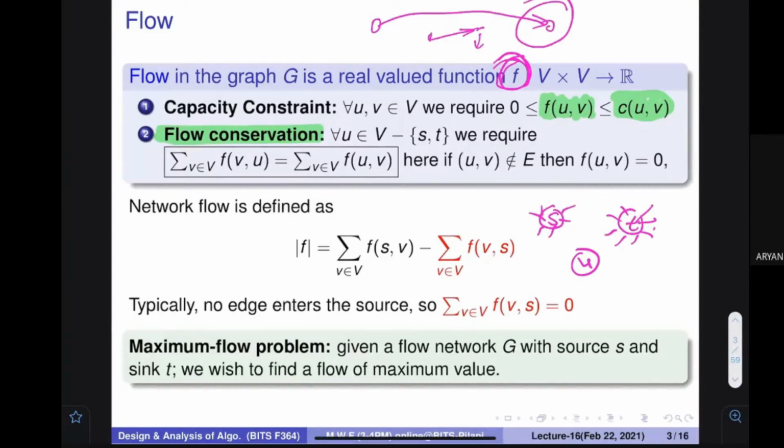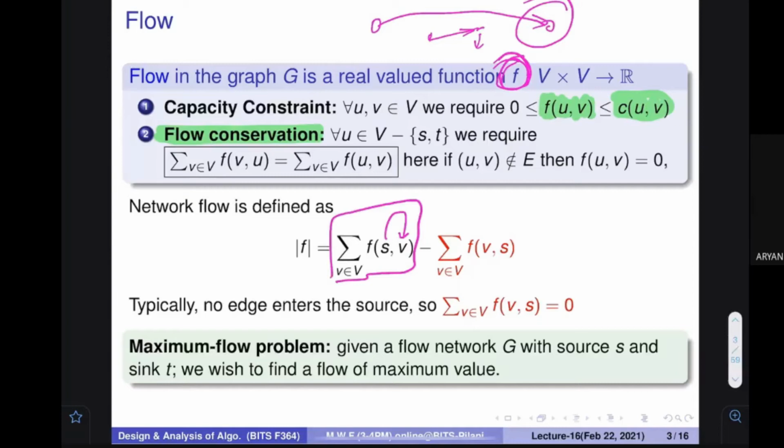If you want to find out the network flow, how much is the total overall flow into the network, that is not very difficult to see. You just see how much you are going to send from S. From S, you are going to send to other vertices. For all other vertices, how much you are going to send out. Makes sense?